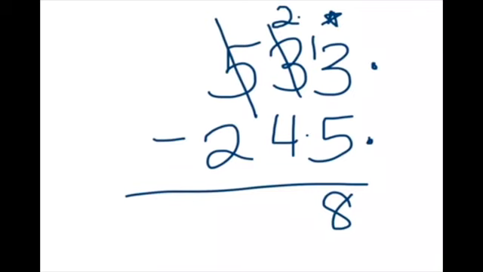Now I give 1 to the 2 to make a 12, and my 5 turns into a 4. Just looking at the tens place, I have 12 minus 4, and that is also 8. Then I have 4 minus 2, which I can do because there's more on top, so there's no need to stop. That 4 minus 2 is 2. So that gives me 288.